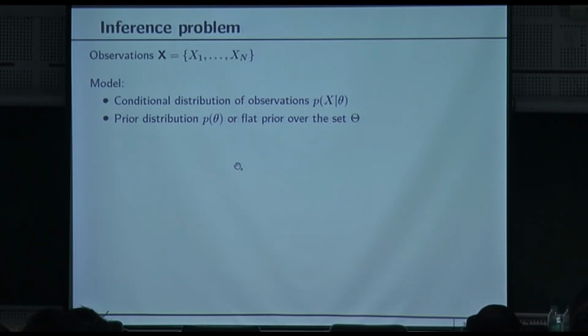Then given that coin, I generate X binomially. If I had picked coin 1, the distribution would have been binomial P1. If I had picked coin 2, the distribution would have been binomial P2. I don't know which one I picked, but I know with probability 1/2 I picked coin 1, with probability 1/2 I picked coin 2, and therefore the distribution is 1/2 times binomial P1 plus 1/2 times binomial P2.